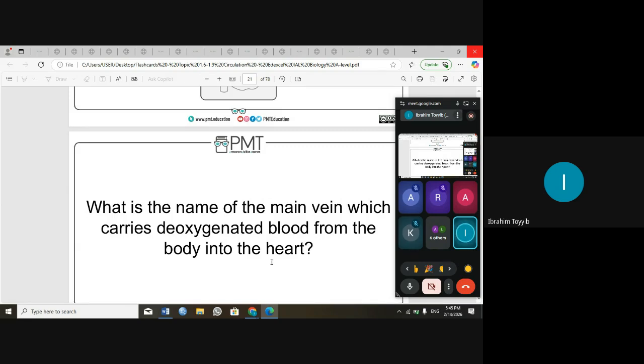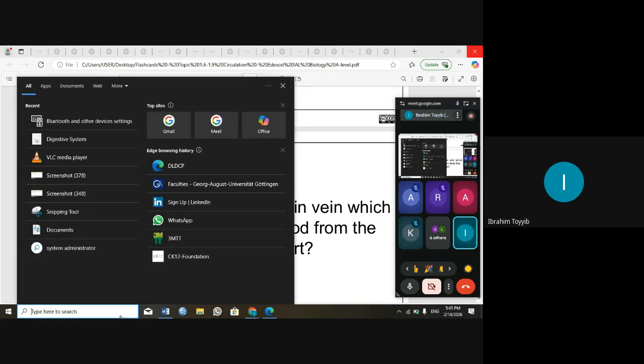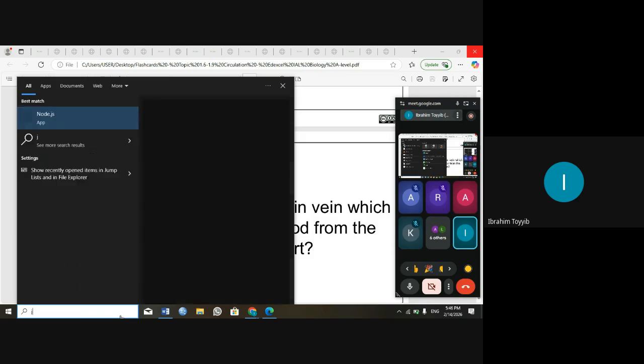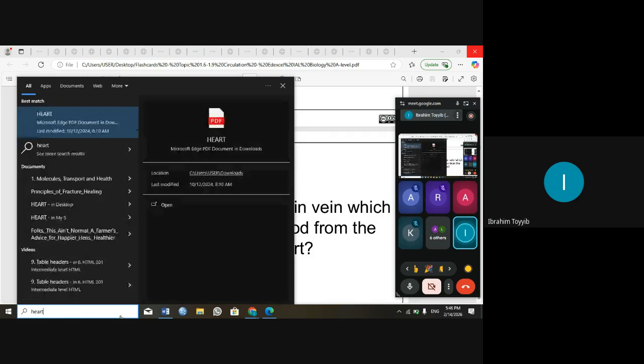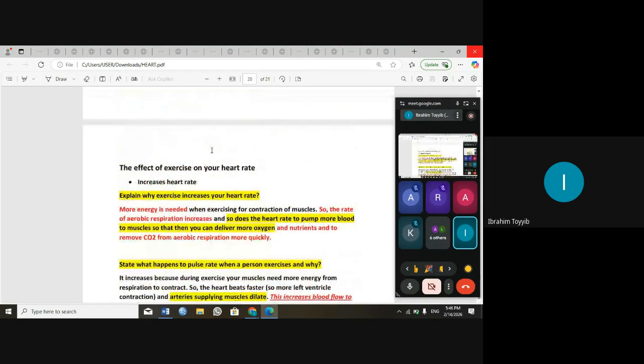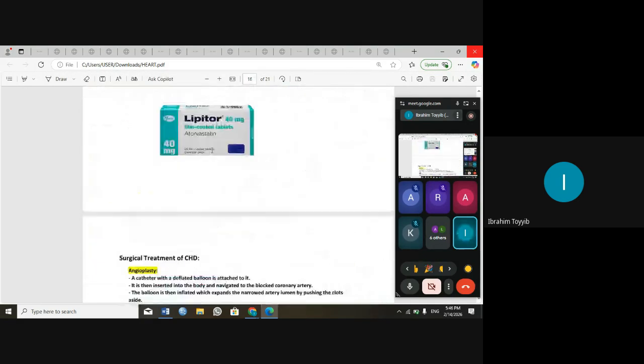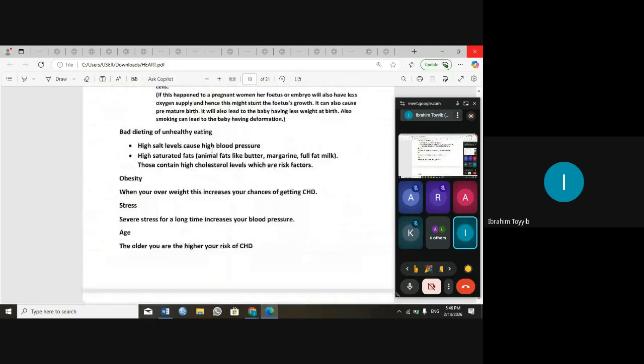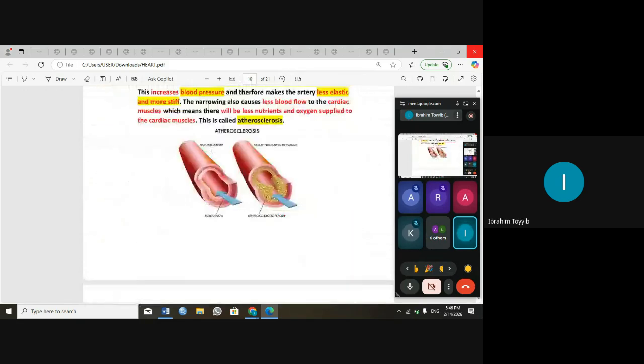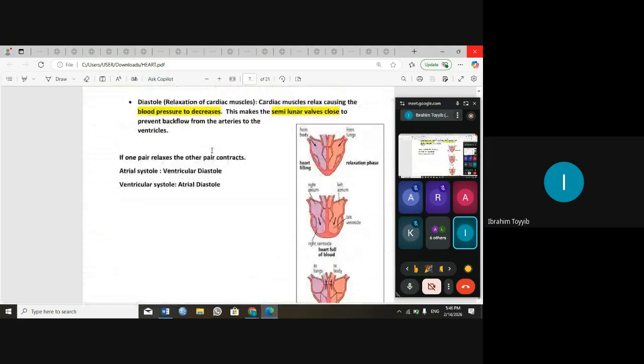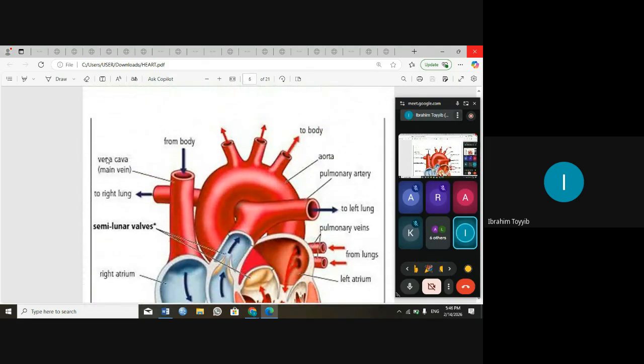Let me come here. I will show you something that you've learned before. Look at this. What is here? Vena cava, main vein. That shows you are just looking at this structure, and your eyes are not capturing what is there.